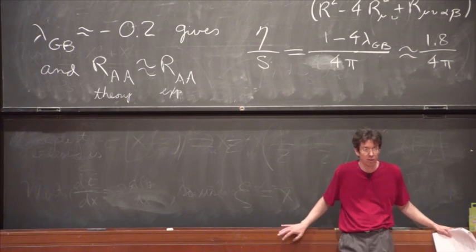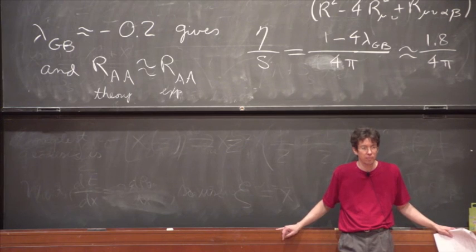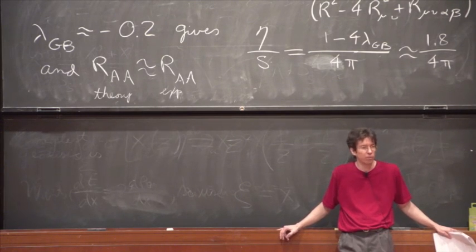Yes. Since you're considering higher derivative gravity terms, stringy type terms, do you also consider stringy corrections to the Nambu-Goto action? Not in this calculation. That's a good point. It would be interesting to do so. But in practice, no. There's various things that we leave out. We could talk more about it afterwards.